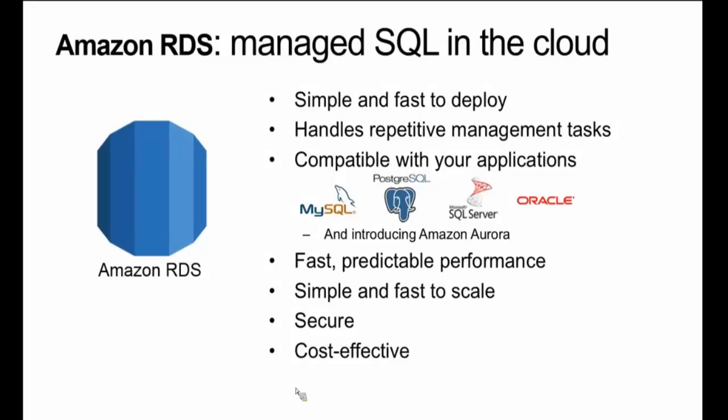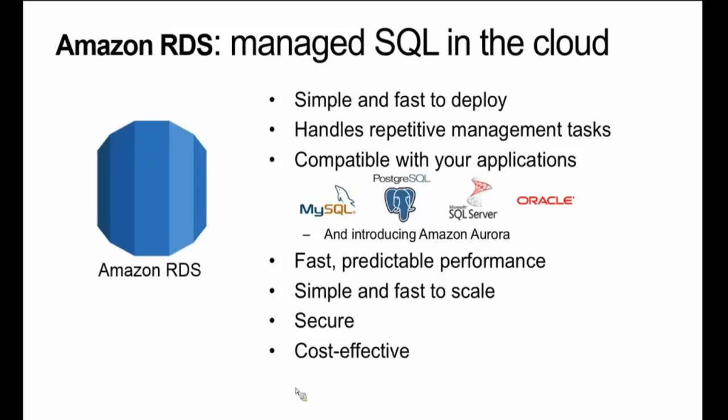We handle the drudge work of databases for you, repetitive tasks such as doing backups, setting systems up, and provisioning, and giving you the ability to do scaling. If you want to add CPU or memory, you can scale CPU and memory easily. You can also scale storage. You can add gigs, and you can change the performance in terms of IOPS and throughput up or down.